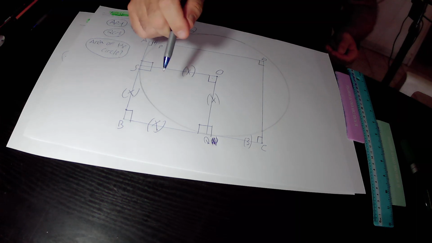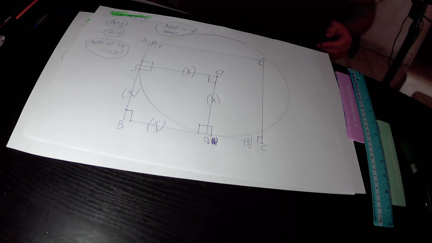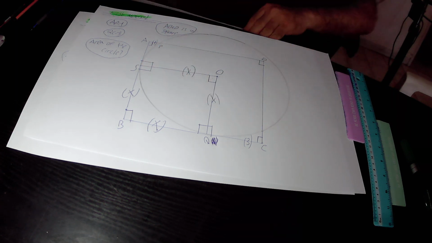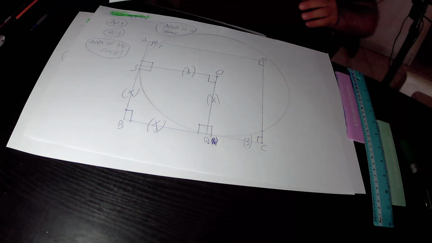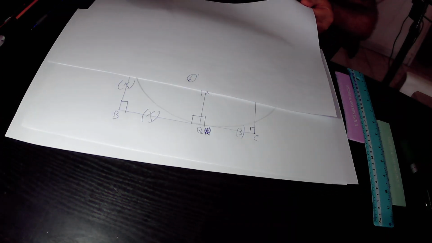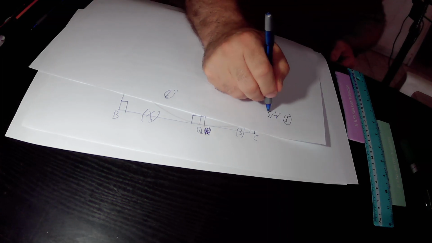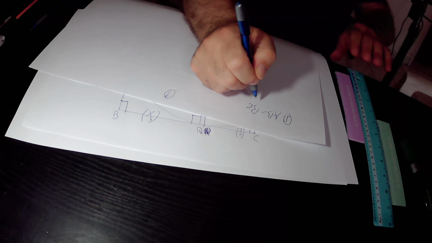So side AB equals side BC. So I write it down, side AB equals side BC in square ABCD.